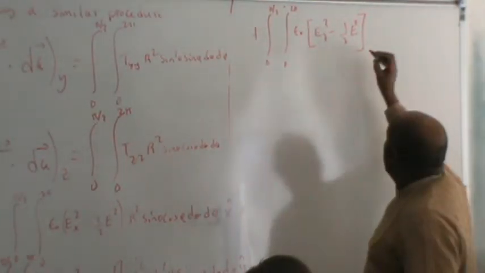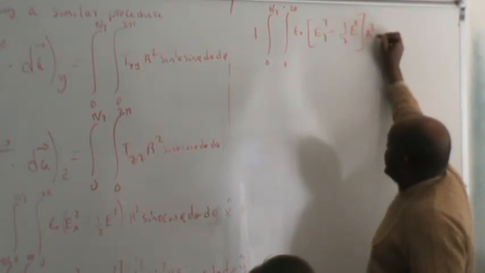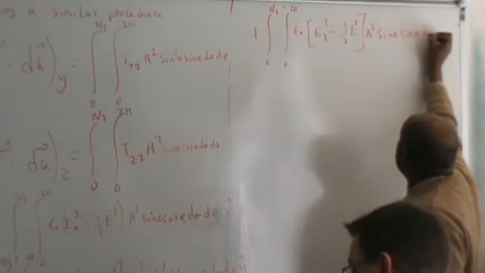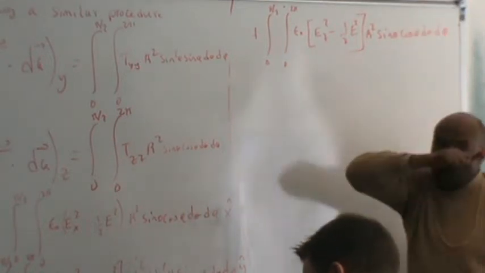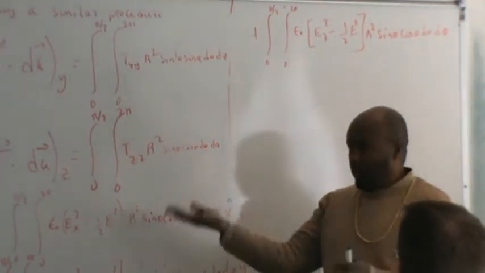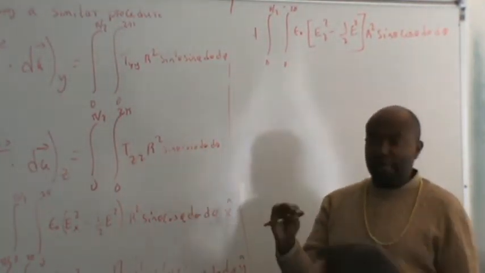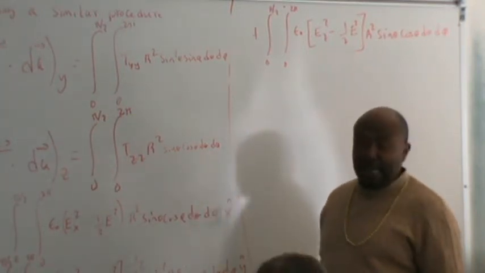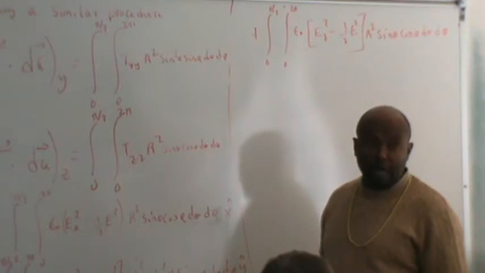That's going to be r squared sine of theta cosine of theta d theta d phi. So now, what would you expect just from a physical interpretation and from what we learned in ANM1? You should expect the x and y components to cancel out, right?